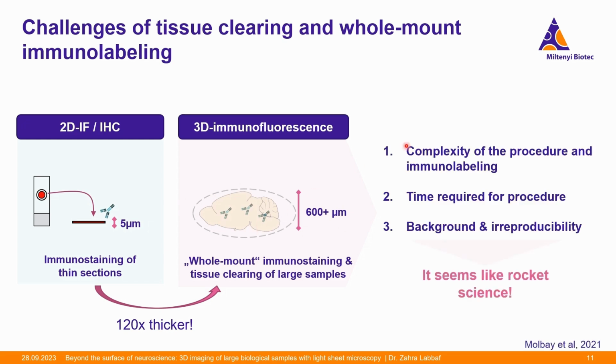Tissue clearing itself can also be quite complex, and that is due to long optimization of protocols and high number of different protocols that exist for different tissues and for different applications. So overall, the sample preparation step can be quite complex, and it might take weeks to months to establish a staining and clearing pipeline within your lab.